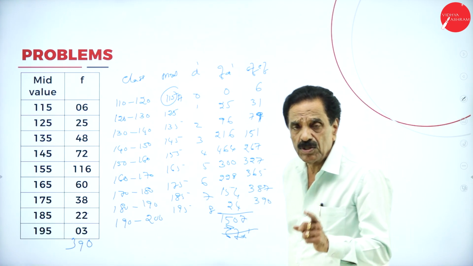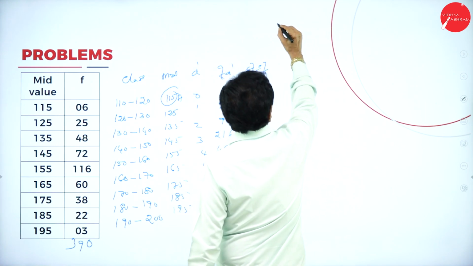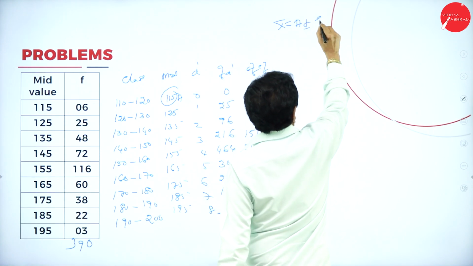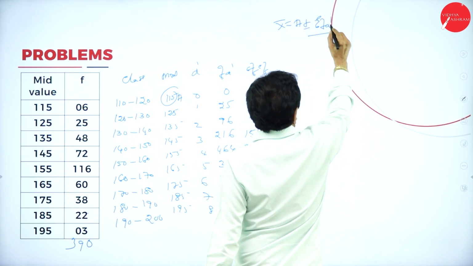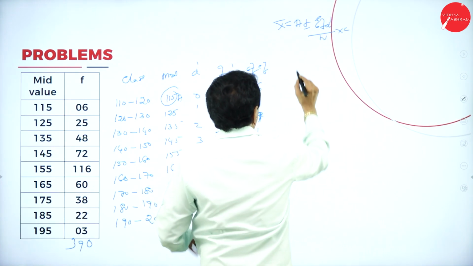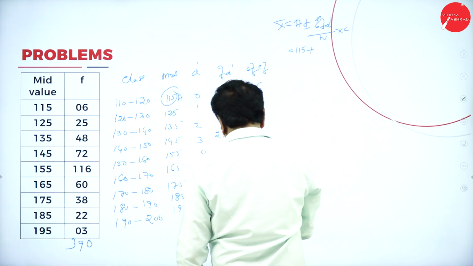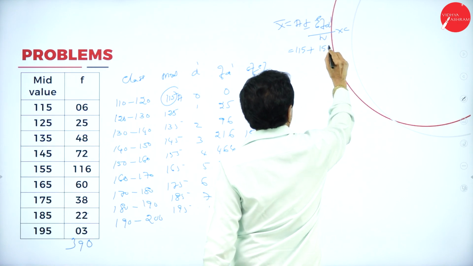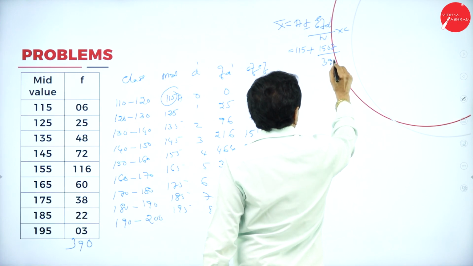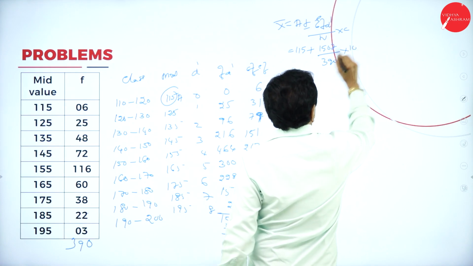Now we have to find the mean, median and mode. We'll go one by one. Mean is equal to A plus sigma f t dash divided by n, into c. What is your assumed mean? 115, plus sigma f t dash, which is 1507. The total number of frequency is 390. Your class interval is 10.